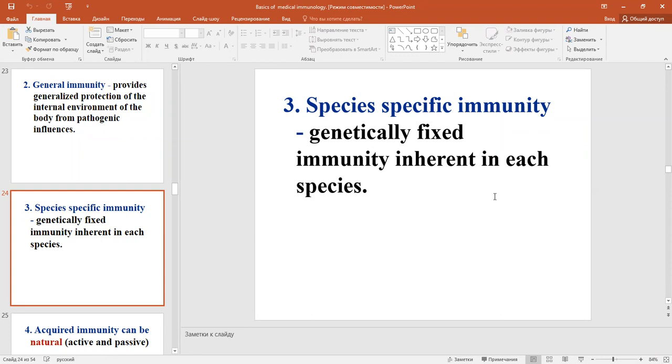We have species immunity, and it is proved that human beings have species immunity to bacteria of the Mycobacterium genus, to mycobacteria. But anyway, mycobacteria are able to cause tuberculosis in human beings, and leprosy, Mycobacterium leprae, and other species are able to cause so-called atypical mycobacteriosis. But realize many people are infected by mycobacteria, but clinical symptoms are not developed.